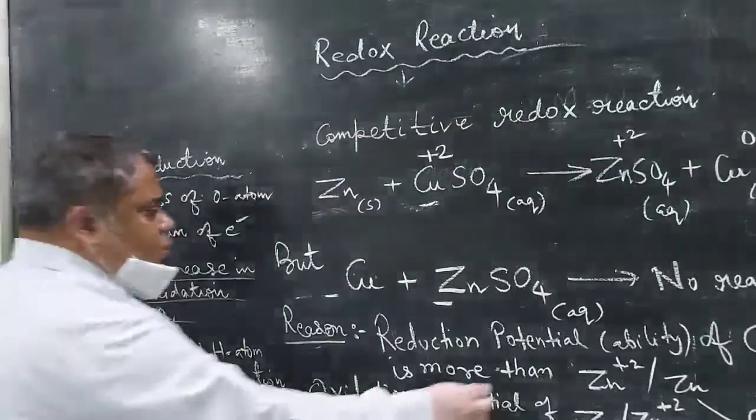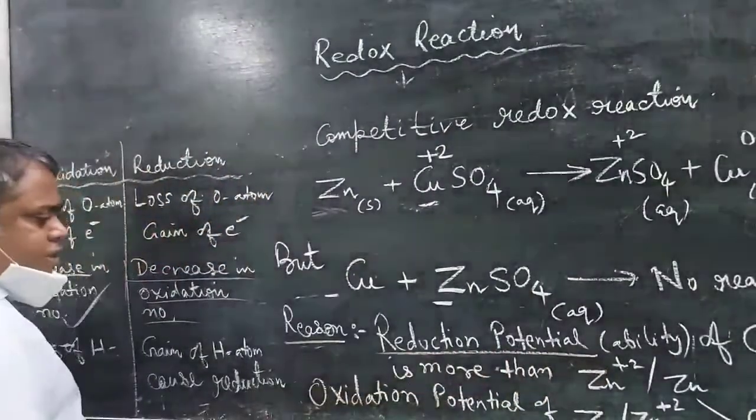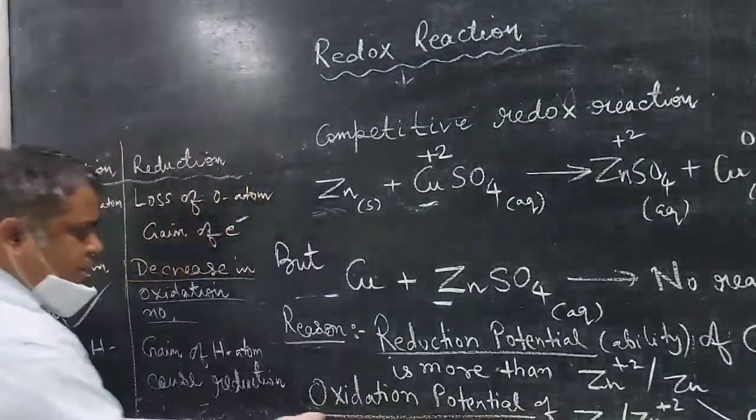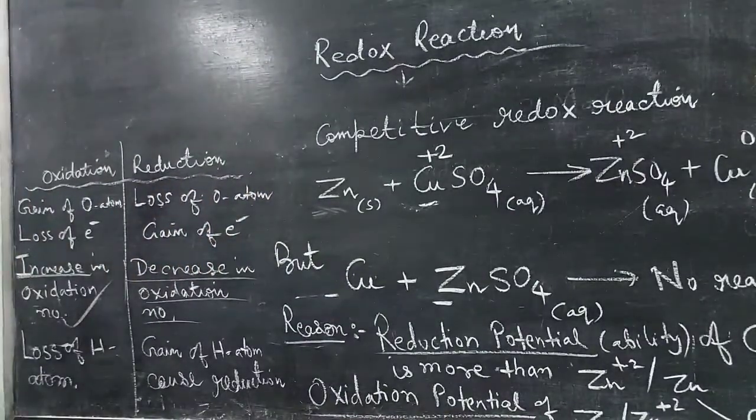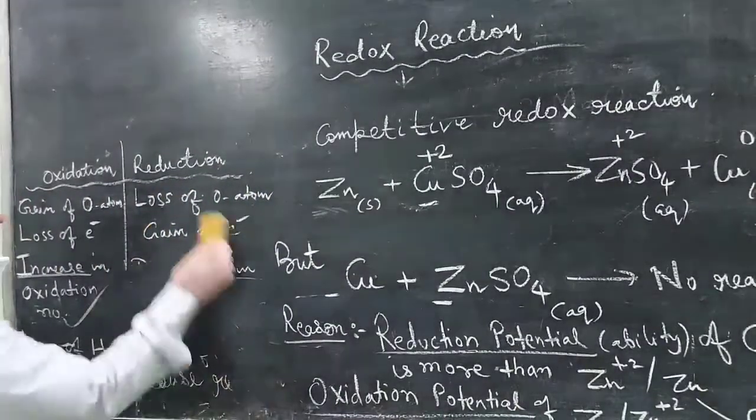So we have used two terms here, reduction potential and oxidation potential. What does this mean?